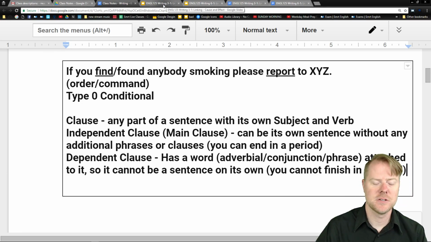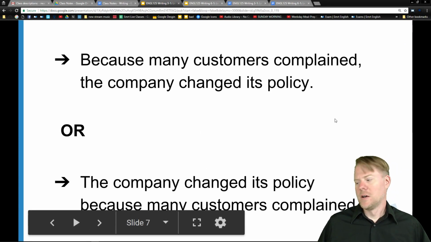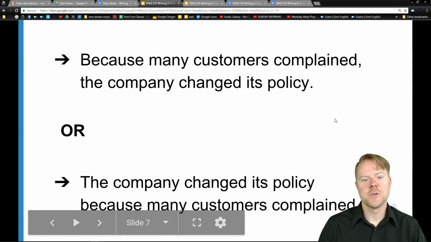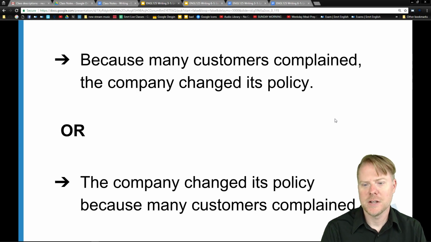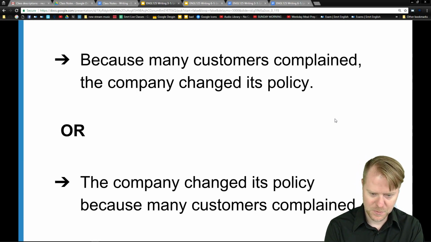Okay, so let's take a look at some examples. The first one, using the word because. Because many customers complained, the company changed its policy. You can switch these around. The company changed its policy because many customers complained.